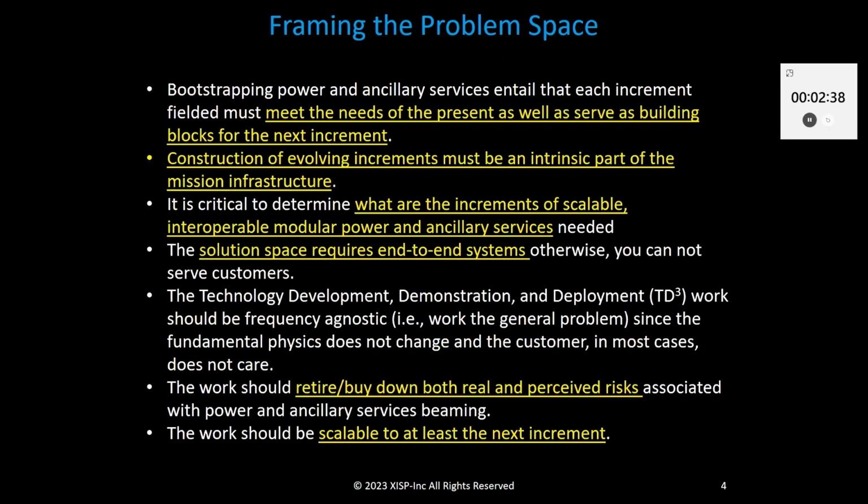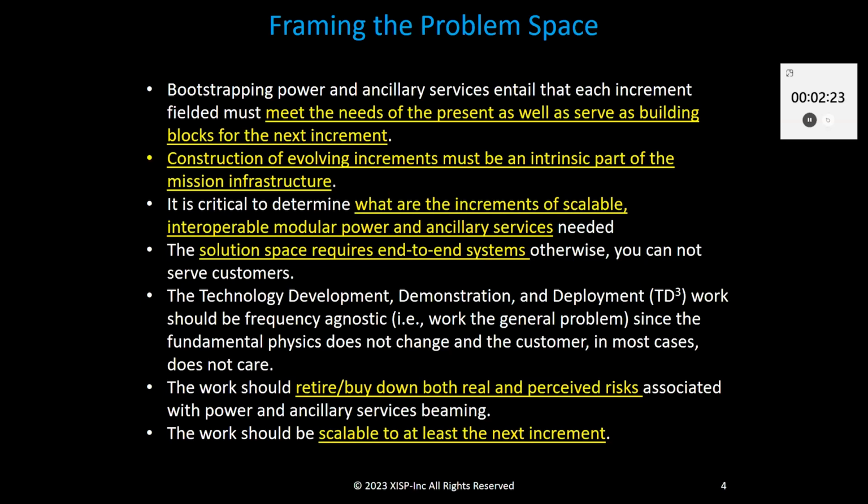In terms of framing the problem space, we need to meet the needs of the present as well as serve as building blocks for the next increment. The construction of the evolving increments, I think, needs to be an intrinsic part of the mission infrastructure.